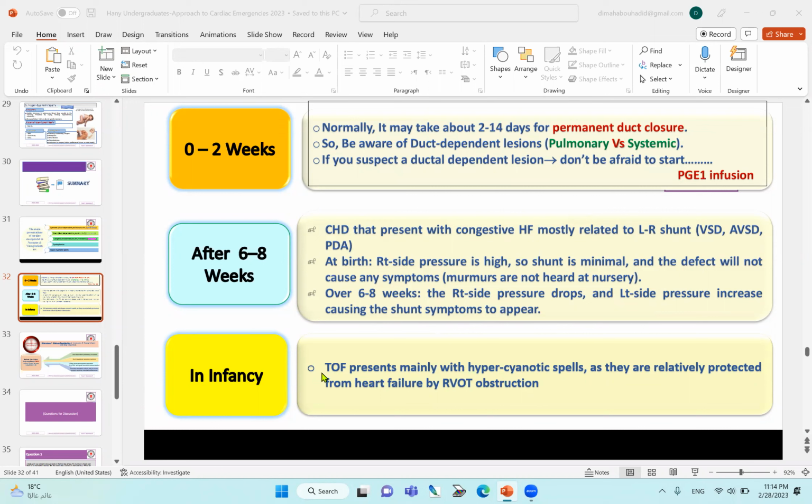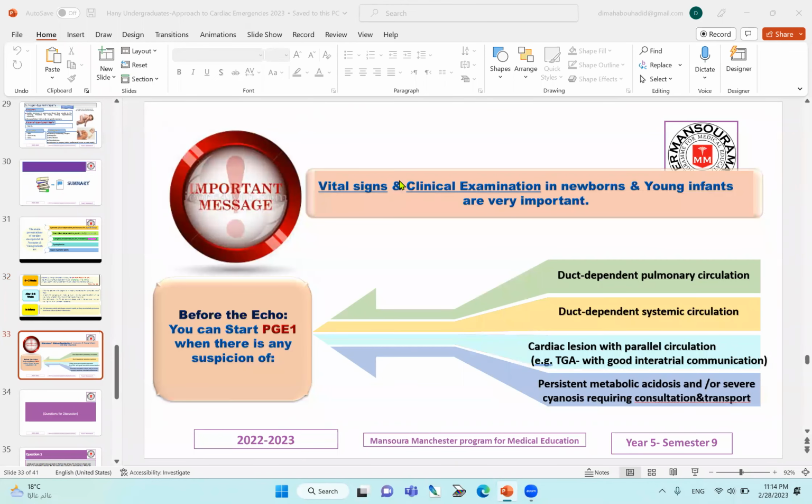In infancy, tetralogy of Fallot can present by spells, and here we can add the arrhythmias that happen at any age. An important message from our lecture is that vital signs, clinical examination, and presentation are very important.